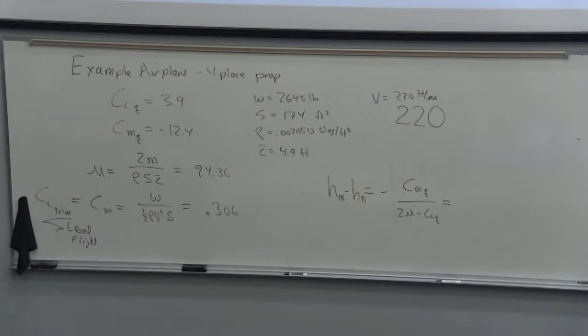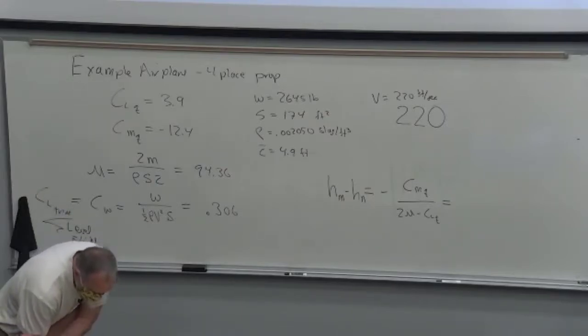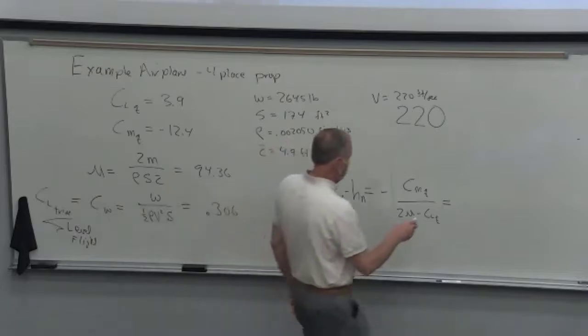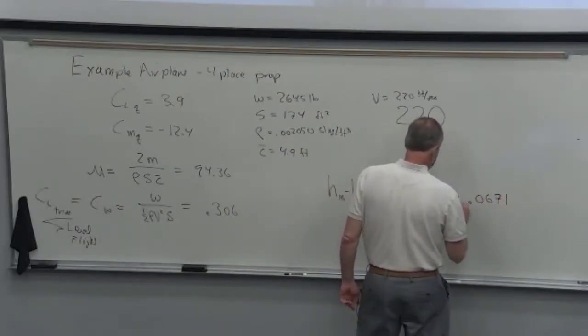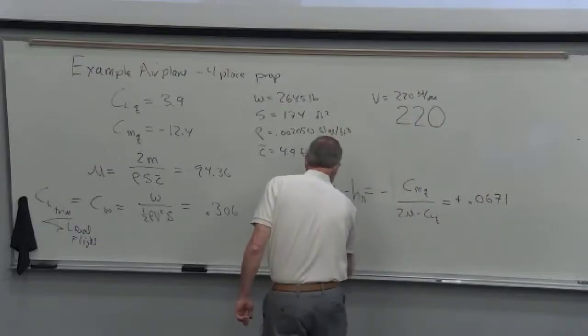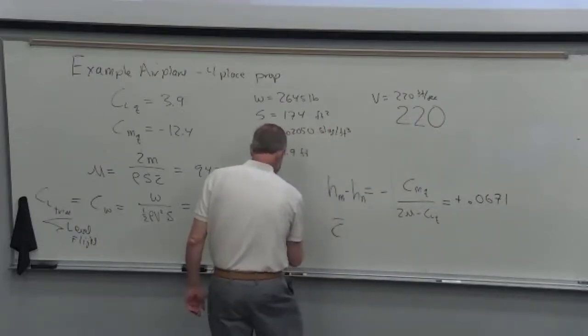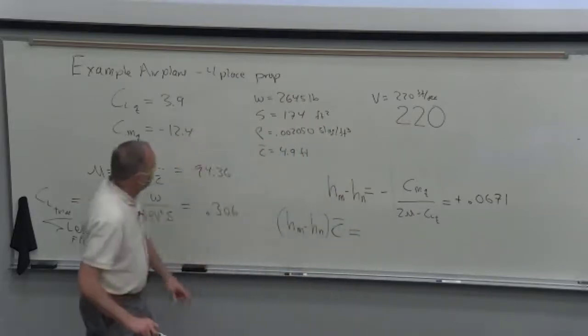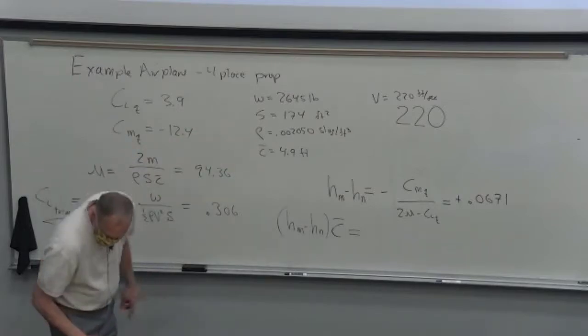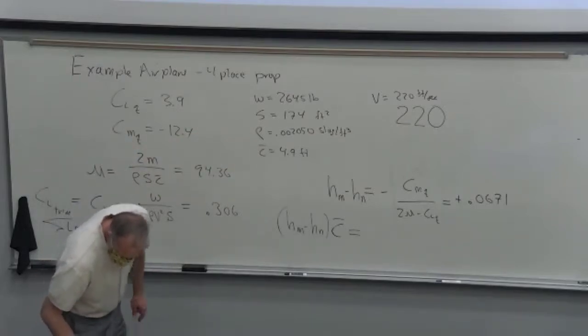How are we doing on that last formula? You mostly done? So I got for that 0.0671. Positive, and then if you multiply by C bar to get this in feet, so C bar is 4.9, you get 0.3287 feet.